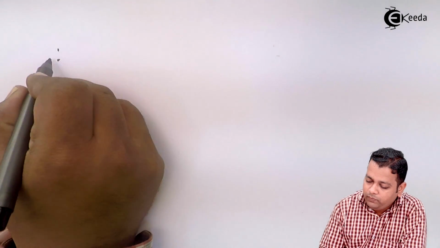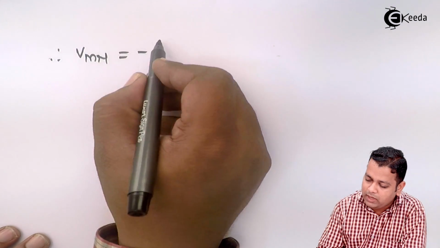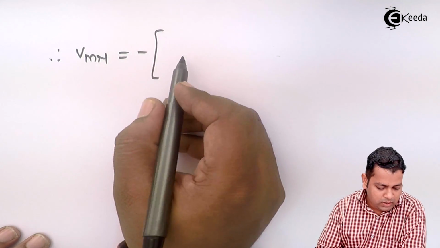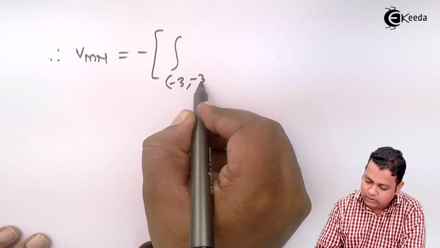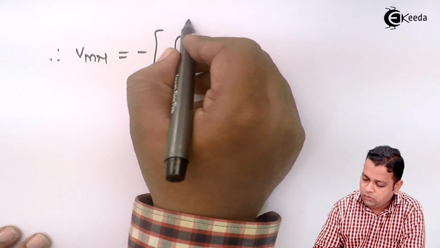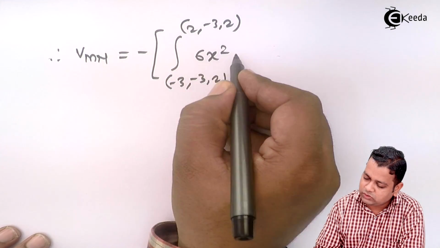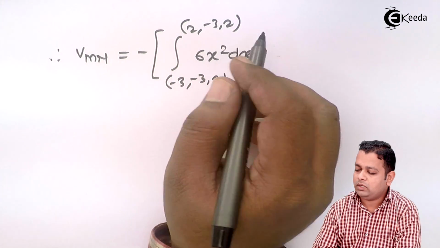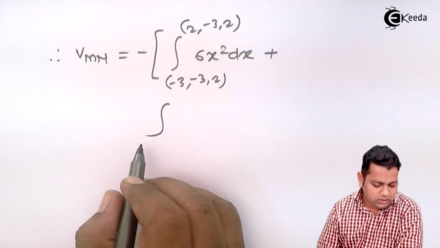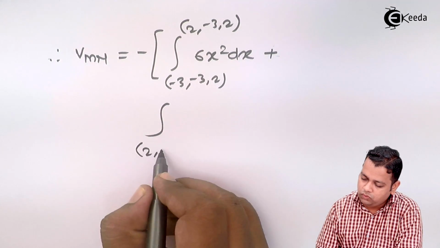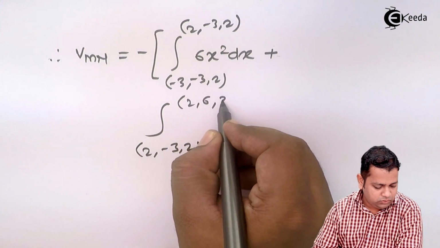So we are writing V_mn. V_mn is equal to minus, in bracket, integral from (-3, 2) to (2, -3, 2). So it will be 6x² dx, the x part here, plus the second term will have the integration from (2, -3, 2) to (2, 6, 2).